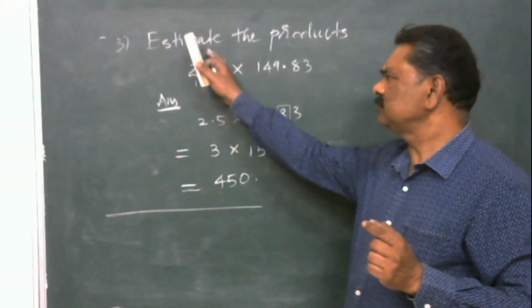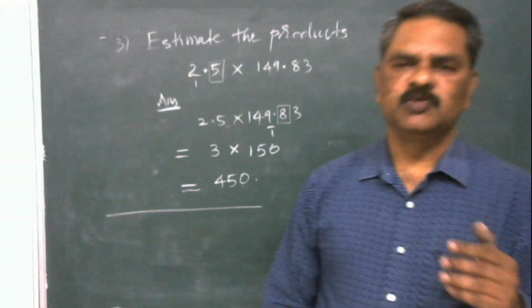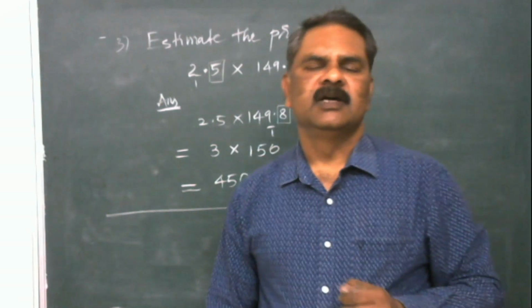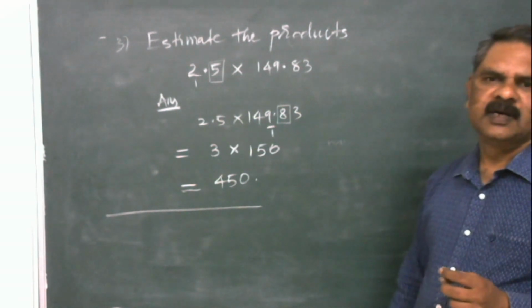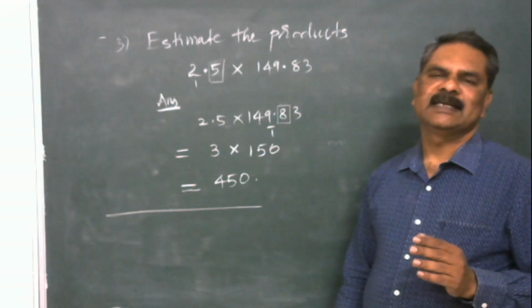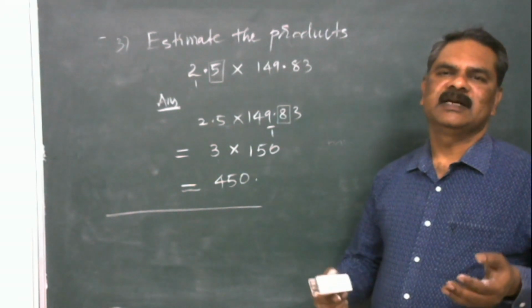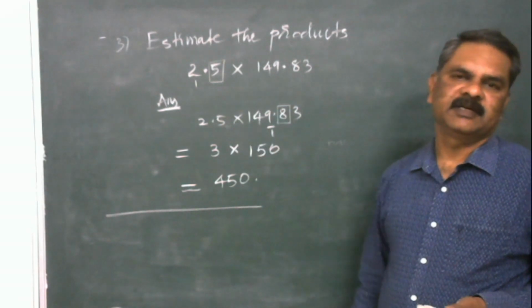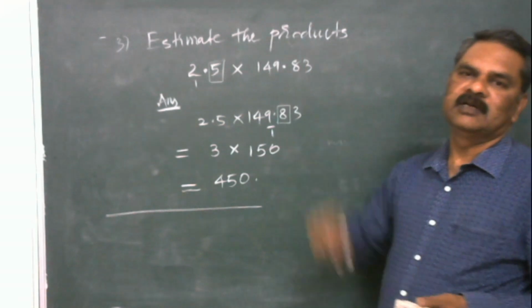Suppose both the given numbers are 1,000 or more than 1,000, then we can estimate to the nearest thousands. No need to estimate to the nearest ones or tens, because the numbers are very large, so we estimate to the nearest thousands and multiply.